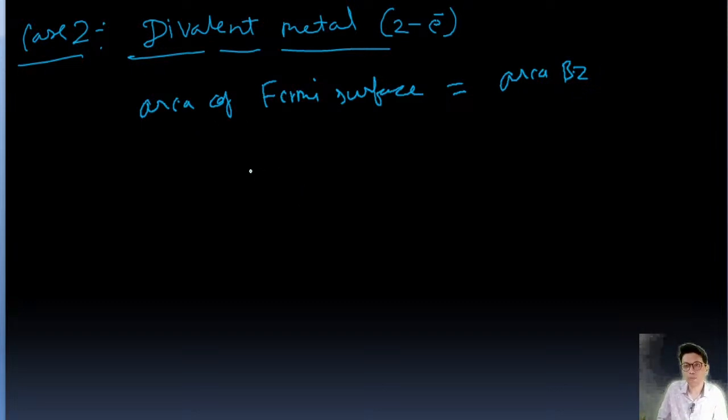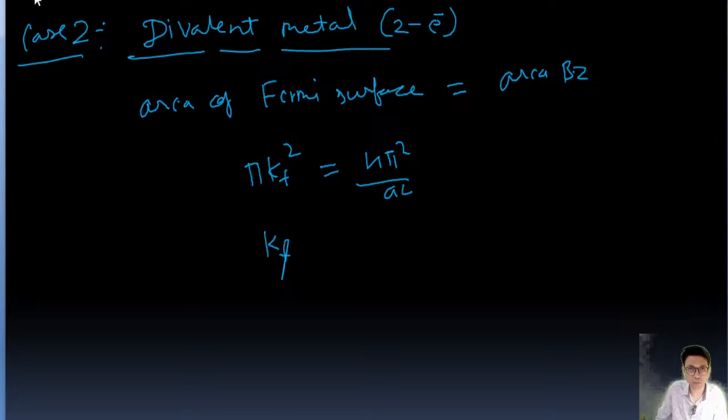So this is going to be pi kf square, that is a circle, right, and this is the case for divalent metal. The area of the Brillouin zone we know is 4 pi square upon a square, or 2 pi by a whole square, right? So from here you can easily solve it.